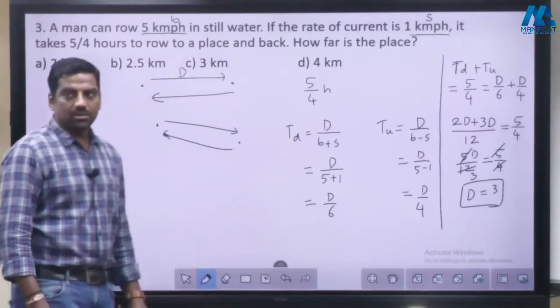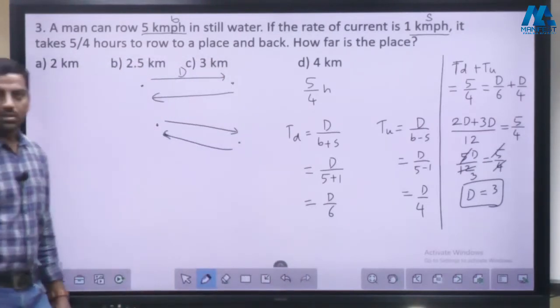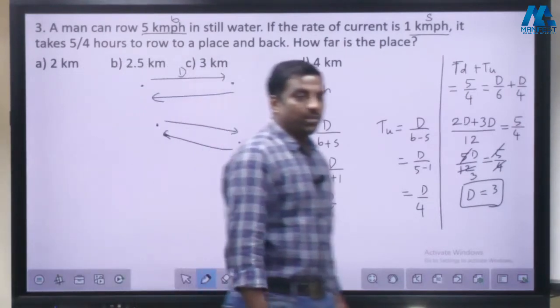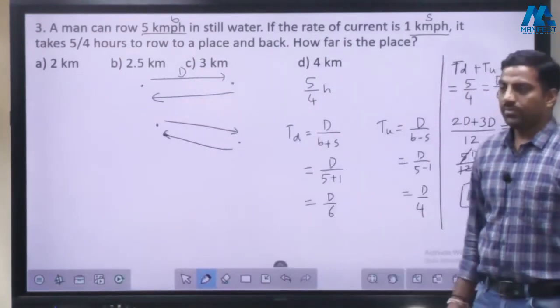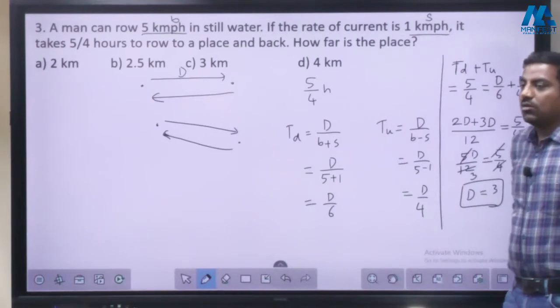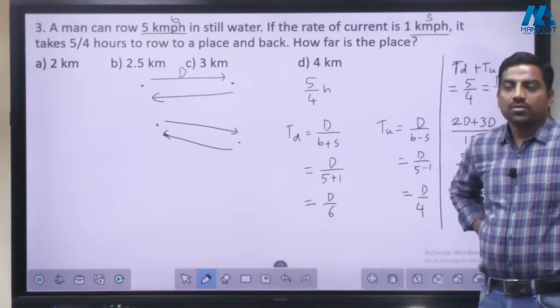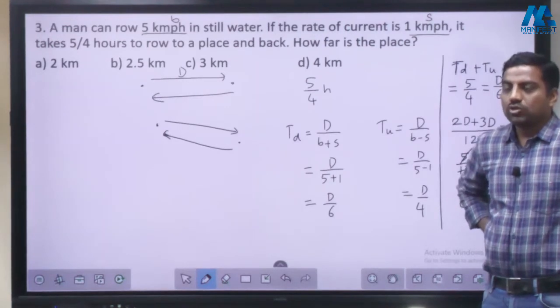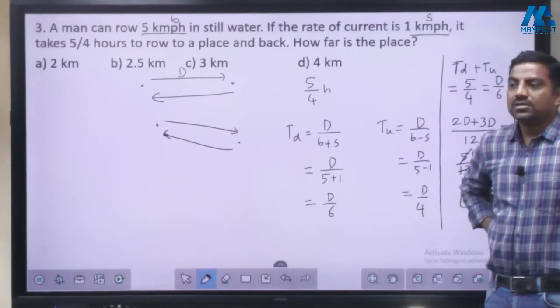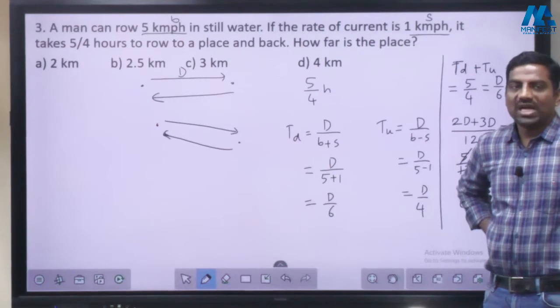Cross verification. Distance is how much? 3. In downstream, what is the effective speed? 5 plus 1, 6, right? So 3 kilometer divided by 6 kilometer per hour: half an hour.